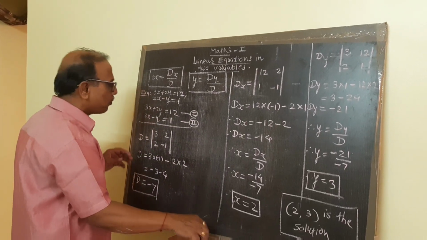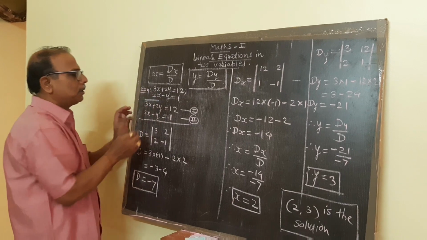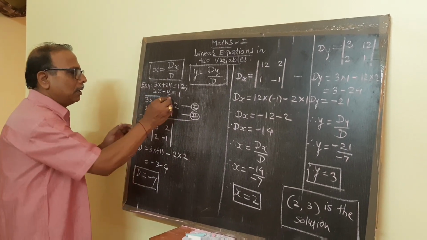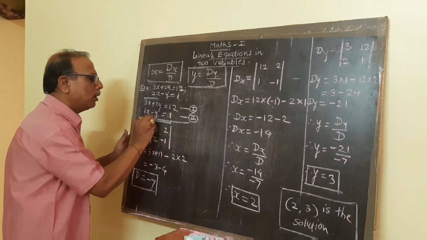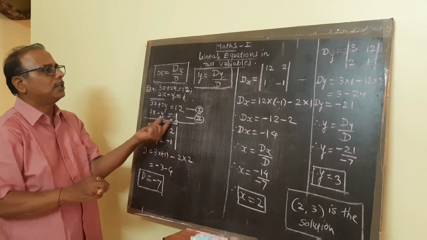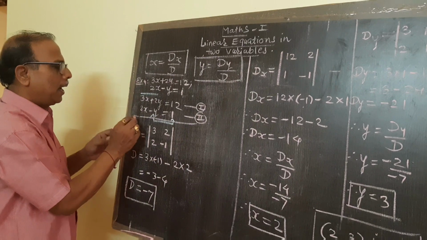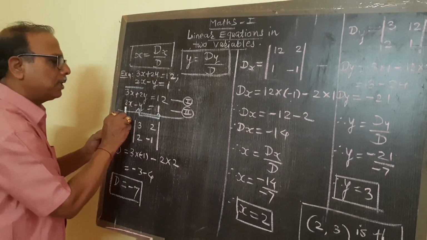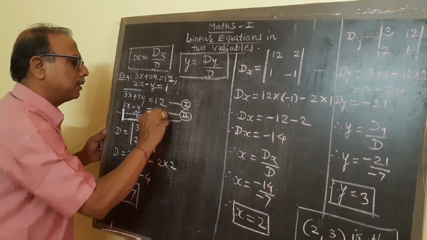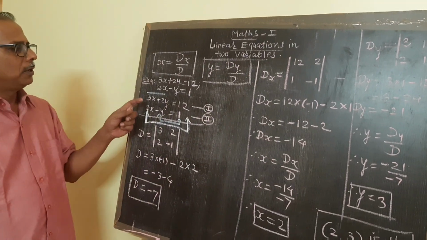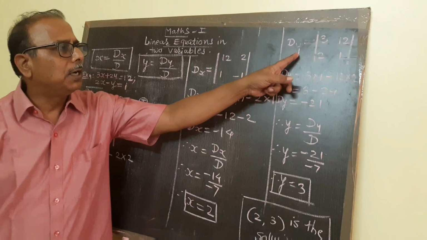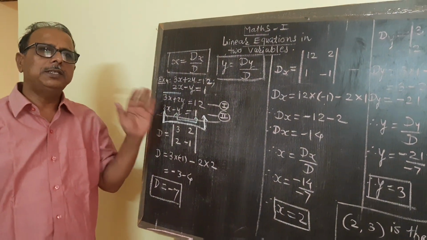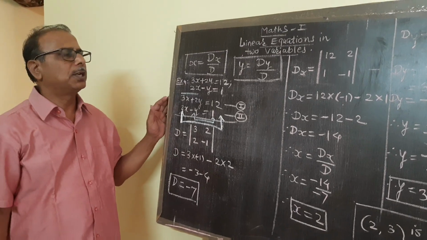So these two columns denote the determinant d. This one and this column, these two columns denote the determinant d of x, and next this first column and last column give us determinant dy. So using this trick, we can solve any simultaneous equations by using the determinant method.